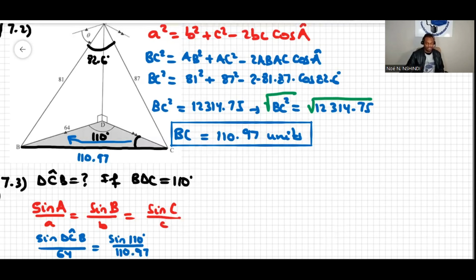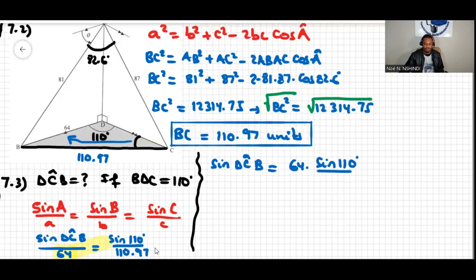Just this way, we can do this. I don't need to cross multiply; I can just take 64 times there. So we have sine DCB, what we are looking for, equal to 64 times sine of 110 degrees over 110.97.